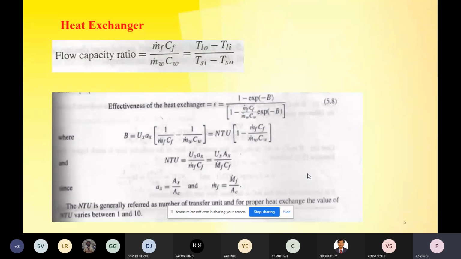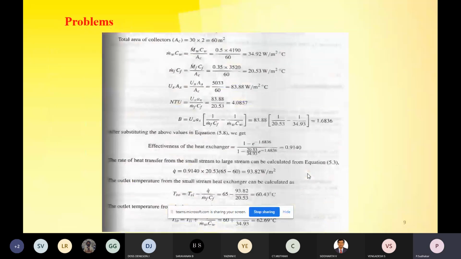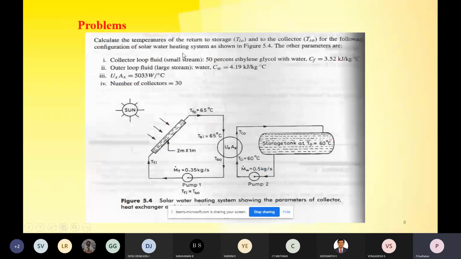Effectiveness and NTU will be obtained when you substitute the heat capacity M dot CF and UXAX in the effectiveness formula. Q dot will be effectiveness into the minimum heat capacity into the temperature difference. First you have to calculate for water, W, the fluid flowing between the storage tank and the heat exchanger.